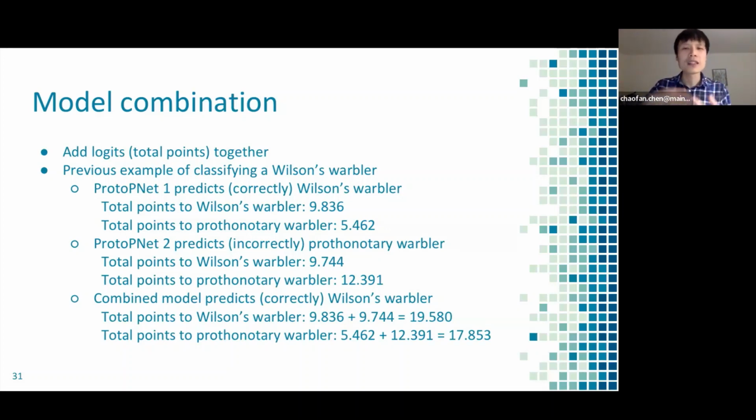And the total points to the incorrect class, prothonotary warbler, is 5.4 plus 12.391, and we get 17 point something, right? So as you see, the Wilson's warbler now has a higher score. Therefore, the combined model will now predict correctly. Therefore, by simply having more ProtoPNets and adding their logits together, we can improve the accuracy, and we can still treat individual models as scoring sheets, right? So it's still somewhat interpretable in a sense.